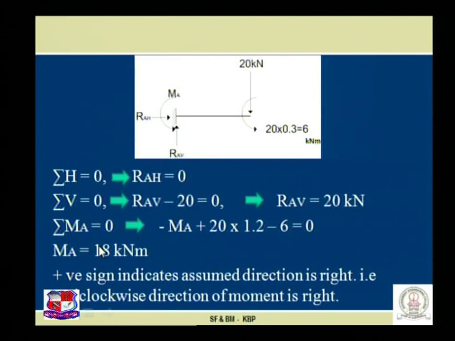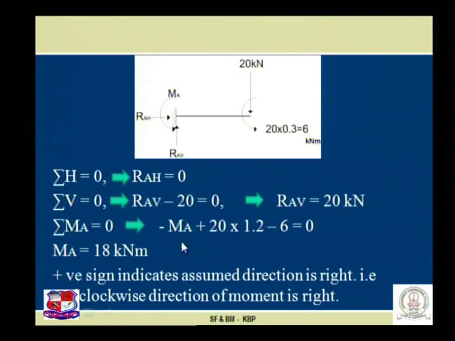Sigma MA is equal to 0, that is, taking moments of all the forces at this point. Assuming the sign convention of anti-clockwise for MA, treat it as negative: minus MA plus 20 into the distance of 1.2. Now this concentrated moment is acting anti-clockwise, so minus 6 is equal to 0.